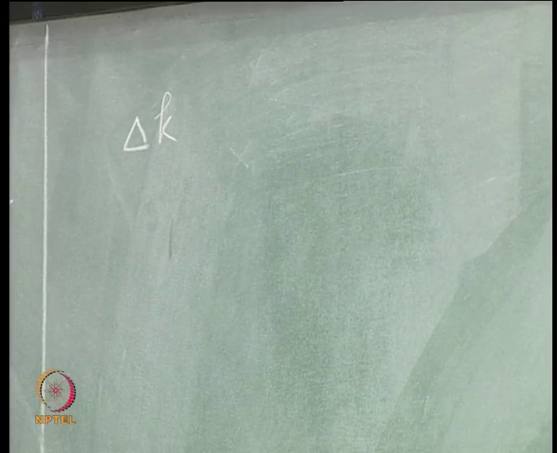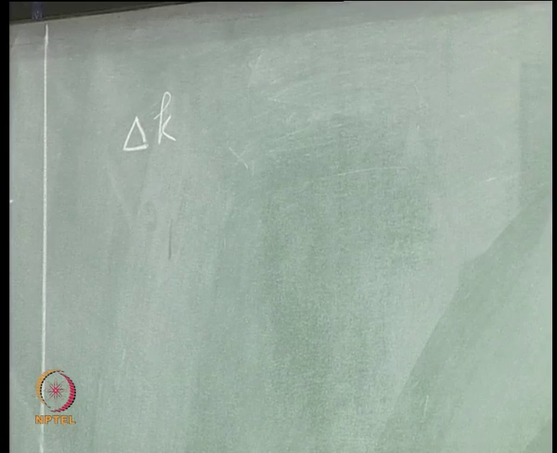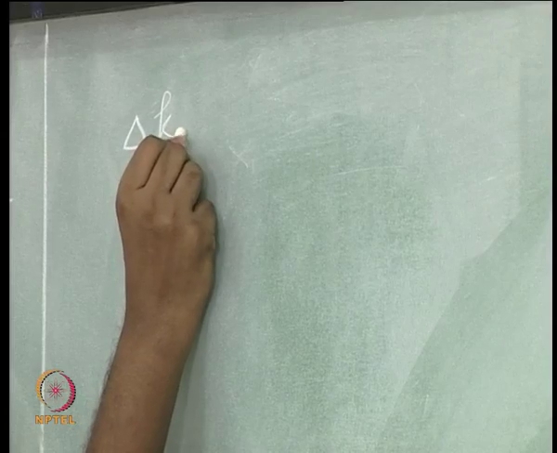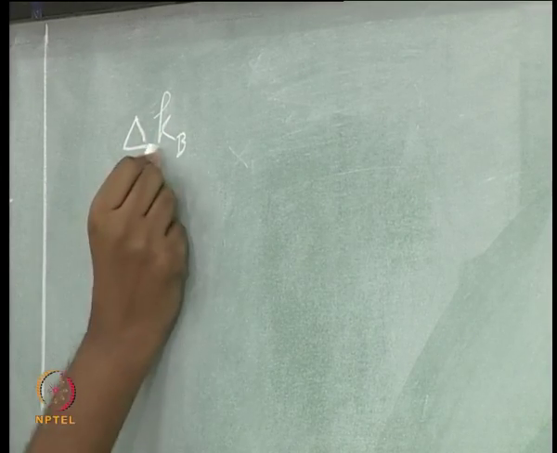So, aircraft has just changed its attitude by a small angle. So, I will write this b for the body and it is a vector.